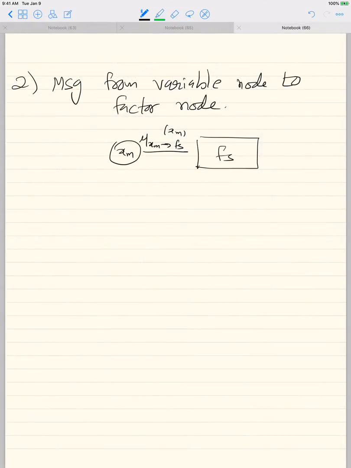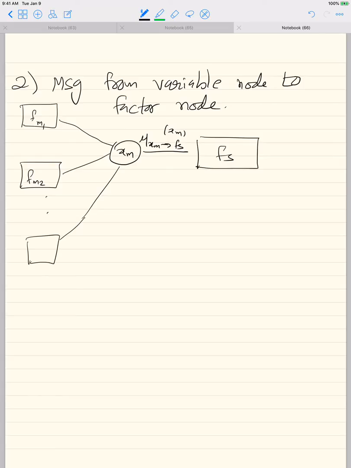What we do is we look at factors connected to it, fm1, fm2 to fmk, and we will have messages coming from these factor nodes to the variable node: mu fm1 to xm of xm, mu fm2 to xm of xm, mu fmk to xm of xm.